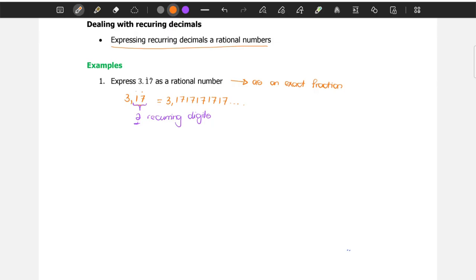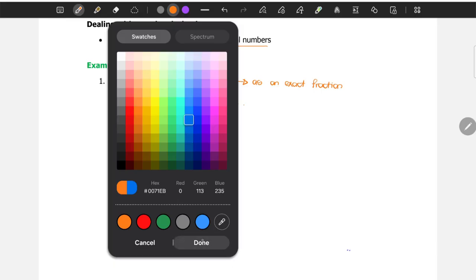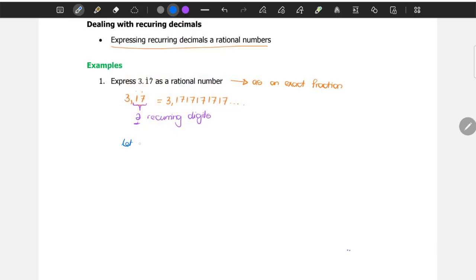So you have two recurring digits. Let's see how we can solve this. You say let n be 3.17 recurring. Again, we already know that this means 3.17, 17, 17, and on and on and on. Because we have two digits that are recurring, if we multiply 3.17 by 100, we move the decimal place 2 times.